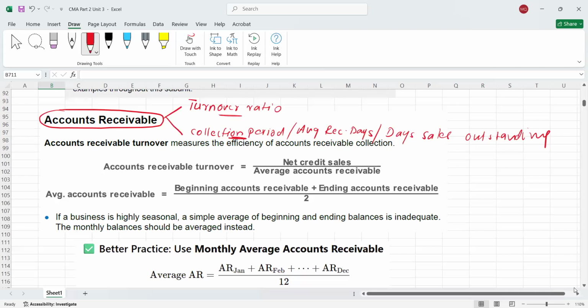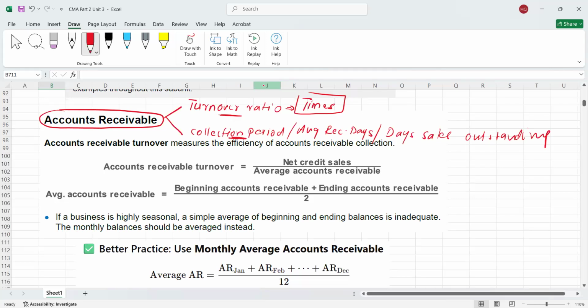These two ratios measure two different things. The turnover ratio will always give you an answer in times, for example 10 times, 20 times, 50 times. It tells you, for the receivables you have in your financial statements, how many times you converted these receivables into cash.